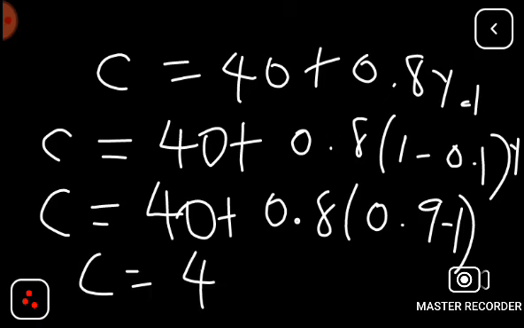Our consumption becomes 40 plus, what is 0.8 times 0.9? We have 0.72y.